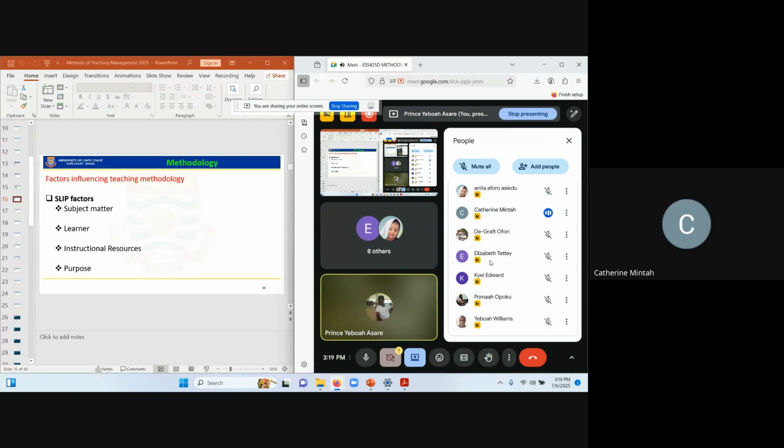Okay, so let's say separation of mixtures. The teacher can choose demonstration. Separation of mixtures is not of the learner. We are on the learner.